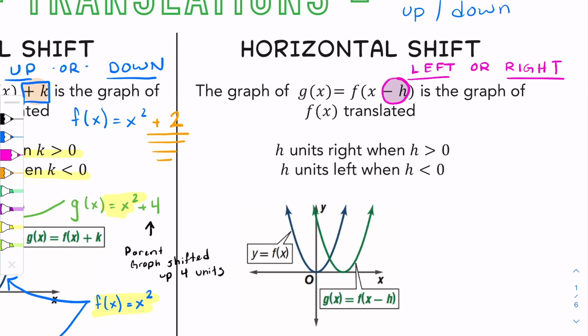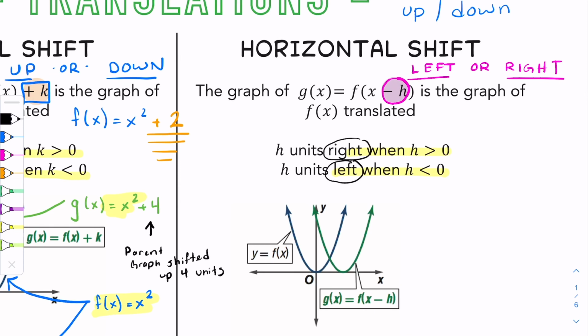And I'll show you some examples in just a second. What I do want to make note of is this one appears to be the opposite of what you think. So if h is greater than 0, the graph is going to shift to the right. If h is less than 0, the graph is going to shift to the left.